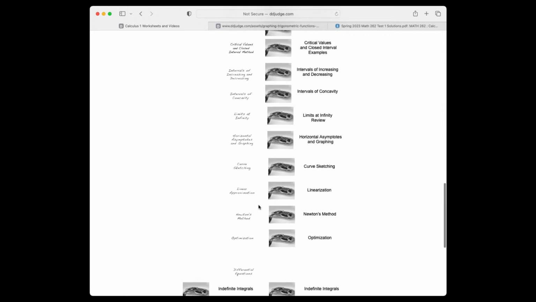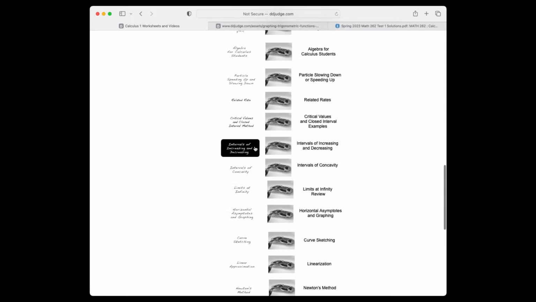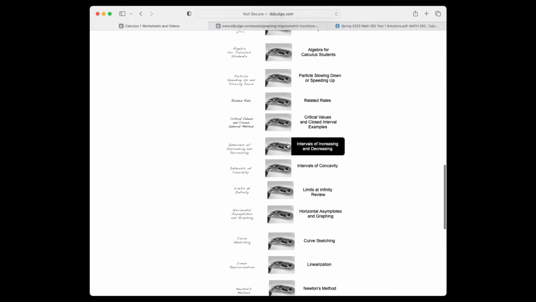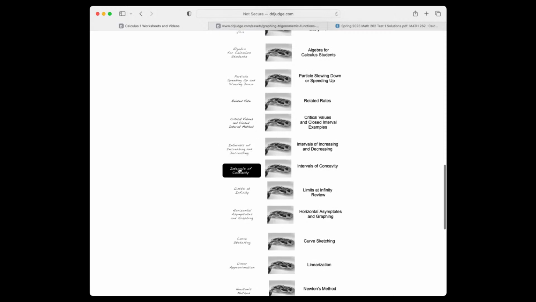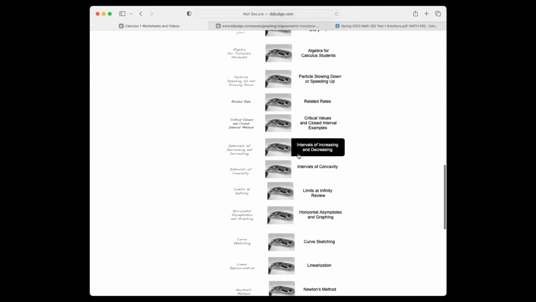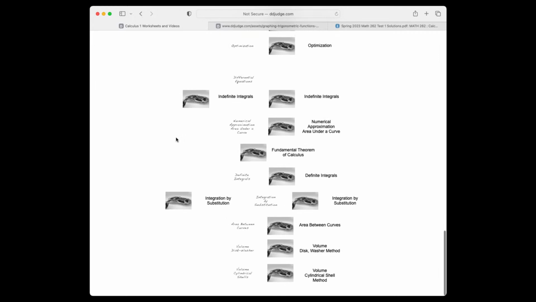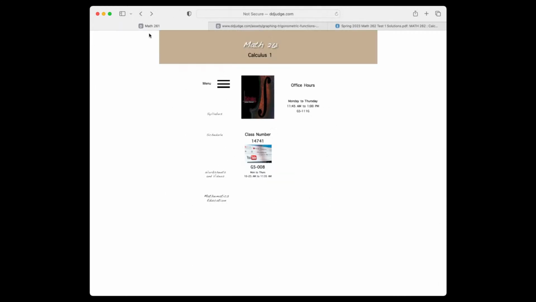Also, in terms of derivatives, some people may want to review increasing and decreasing functions. I have that here too, so I'm going to put that on a page. You might want to review concavity, concave up, concave down. These are all from Calculus 1, by the way, so that might be pretty helpful. I'm going to put some things there to help you review to continue.